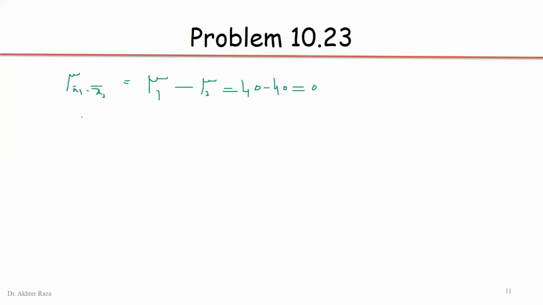Then we are interested in the standard error. Standard error is sigma x bar, or sigma x bar 1 minus x bar 2, because our variable is not x bar here, our variable is x bar 1 minus x bar 2. So that is equal to the square root of sigma 1 square upon n1 plus sigma 2 square upon n2.